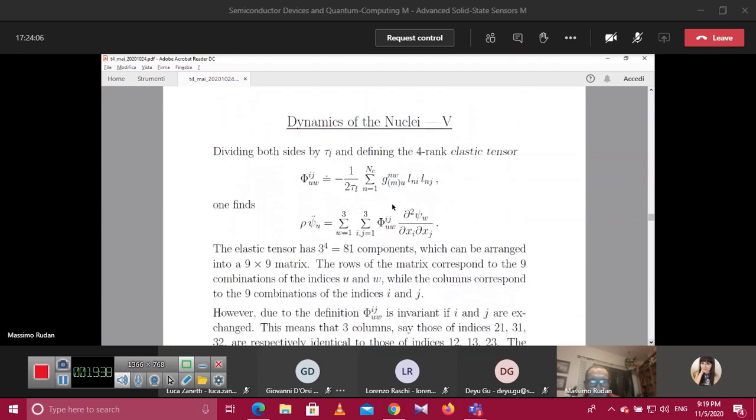So after all this collecting, we have a quantity that is -1 over 2 tau L times the sum over the cells of G.